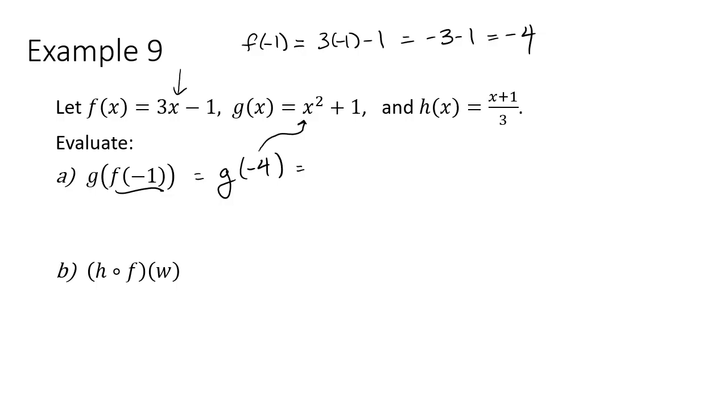Now we evaluate the outside function. Plug negative 4 in. Careful with parentheses. Replace x with parentheses. Negative sign and all goes inside. So we get negative 4 quantity squared plus 1, which would give us a positive 16 plus 1. So our final answer here would be 17.